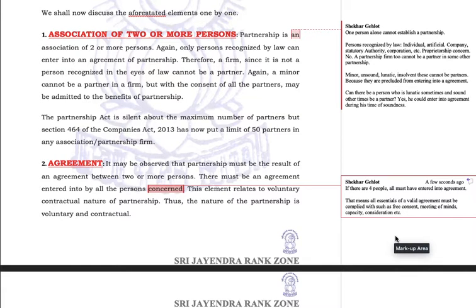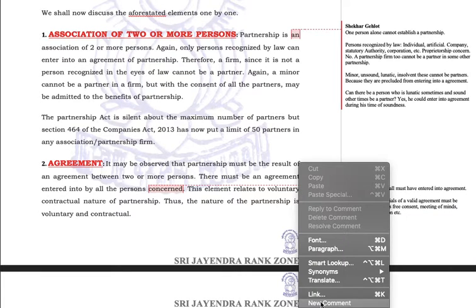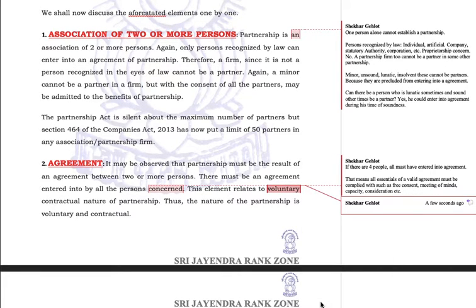This element relates to the voluntary contractual nature of partnership. That means the partnership has to be voluntary in nature. It cannot be a forced partnership. Why? Because our constitution allows you freedom of association, which includes freedom not to associate.